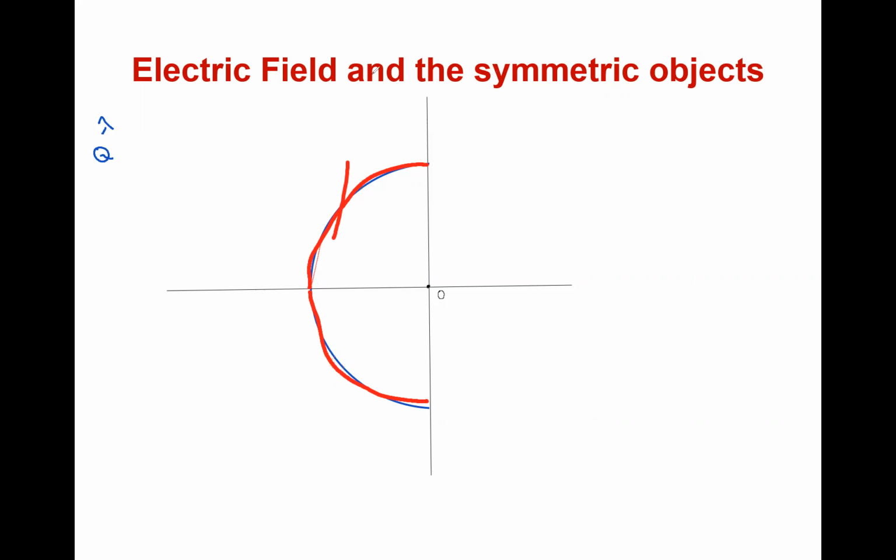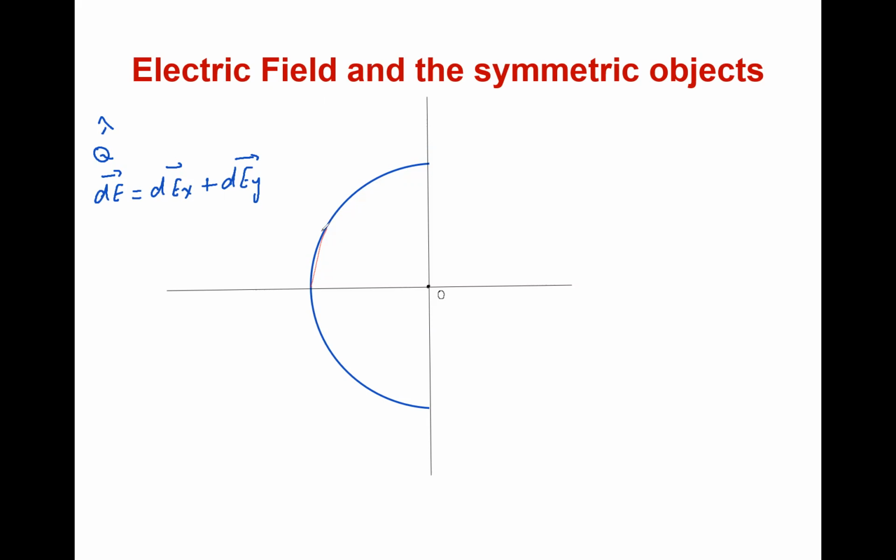So what we have to do now, I want to know the value of dEx. We have dE equal dEx plus dEy. I want to know which one we can cancel, the x component or the y component.